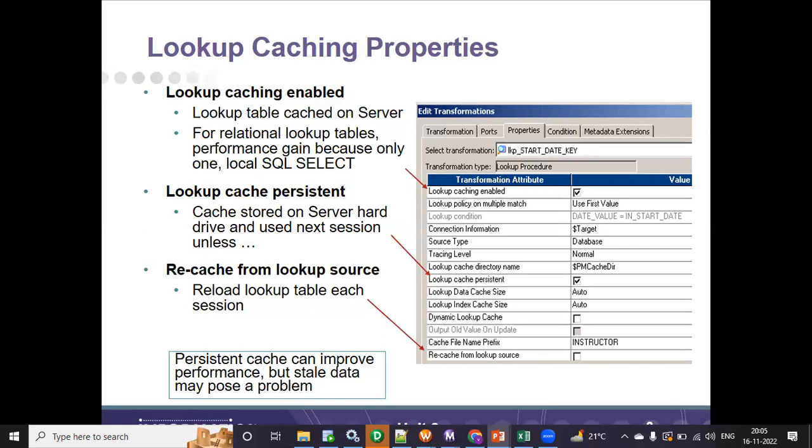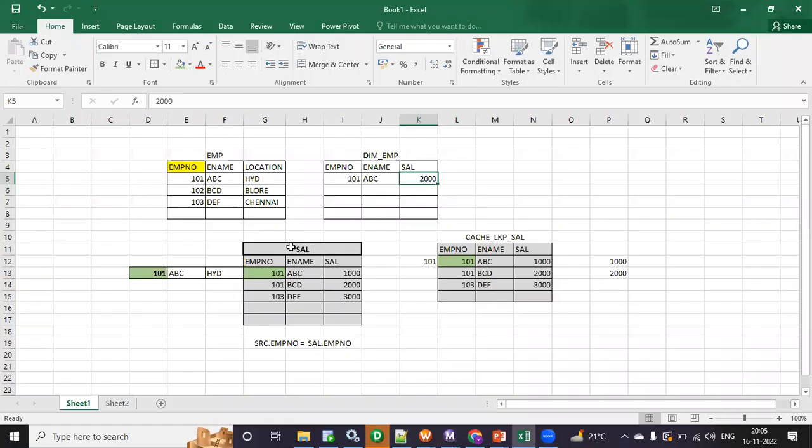Now try to understand the scenario. For example, instead of this salary, how many records am I having? Maybe 3 records. This doesn't matter for me. Assume there are 30 million records. Just think about this 30 million records.